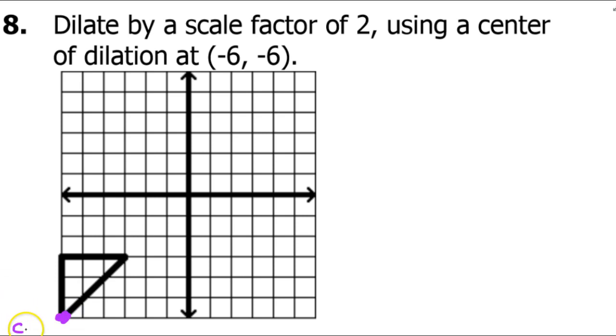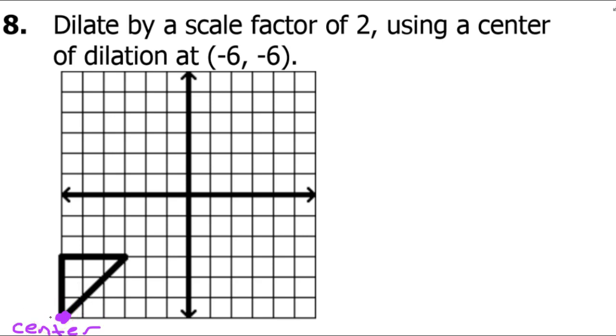Let me see if I can squeeze this in here. Center. And we're supposed to do a scale factor of 2. So look, first of all, we have a special case here. You see this one corner of the triangle, one vertex, is at the center.